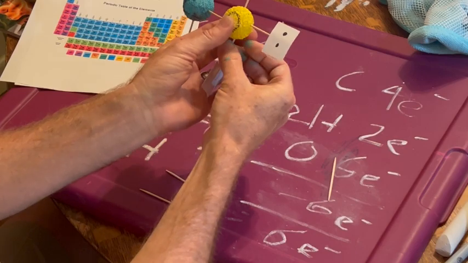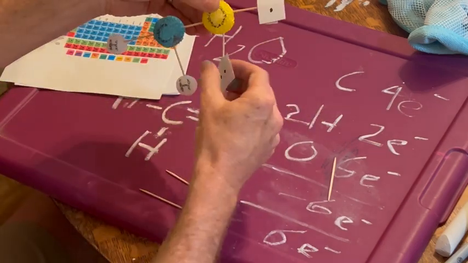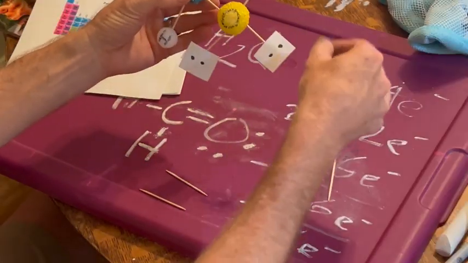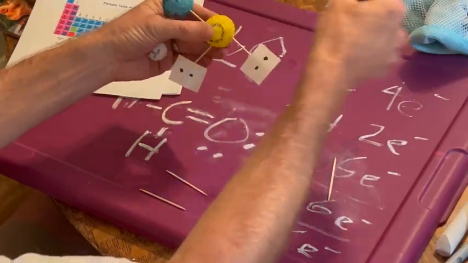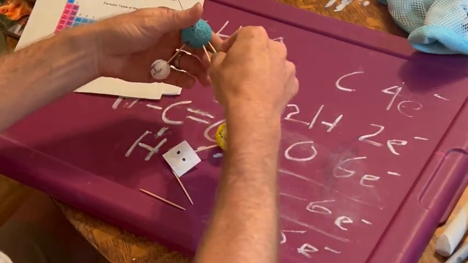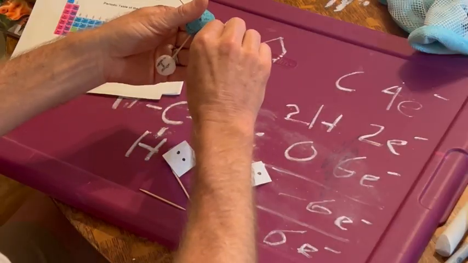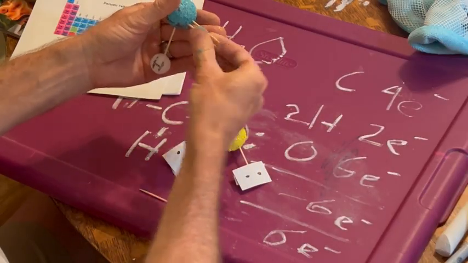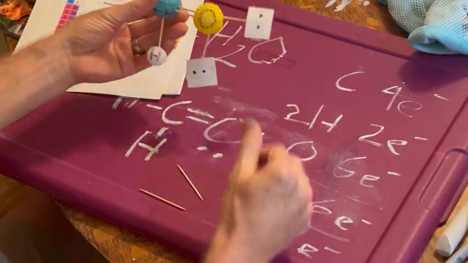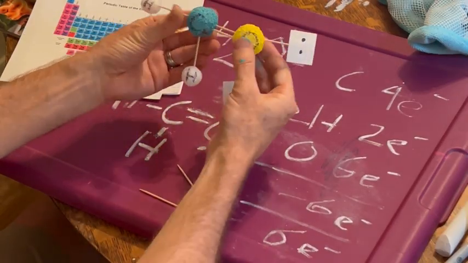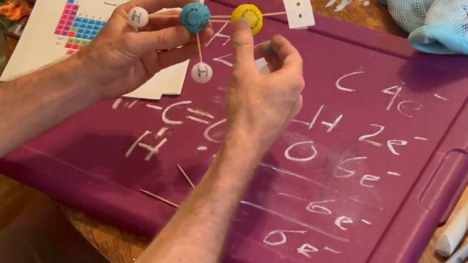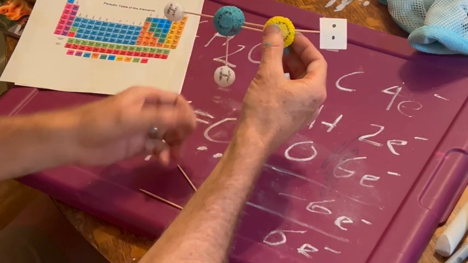6. We can see that carbon doesn't have 8, so we've got to get rid of one of these and replace it with a double bond. Now, as far as the shape of the molecule, remember that everything kind of repels each other, so it's the most stable state.